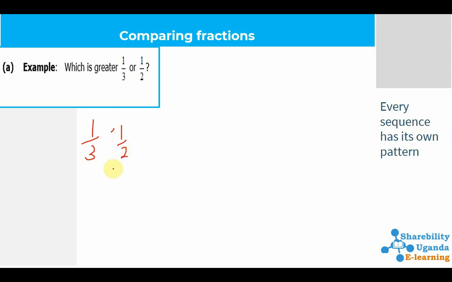There are several methods that we can use to identify which one is the biggest one. We can use division, that is 1 divided by 3, but this requires a calculator or using long division.